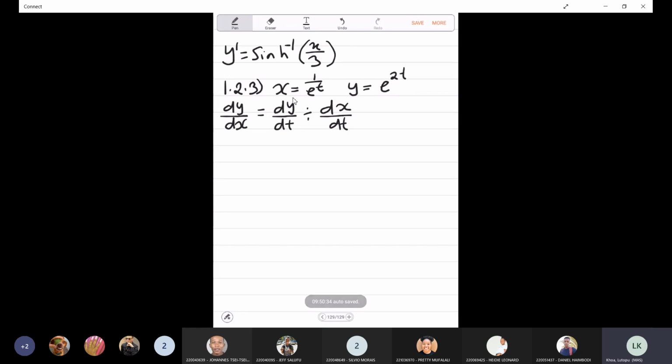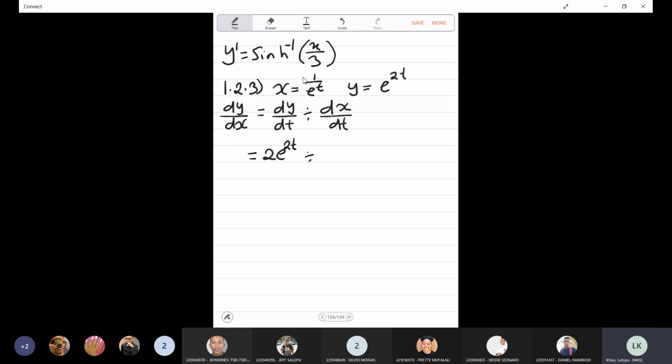Okay, so we just need to differentiate y with respect to t, differentiate x with respect to t, and then divide the two. So dy/dt, this is 2e^(2t), and then divide by the derivative of this with respect to t. So remember 1/e^t is e^(-t).